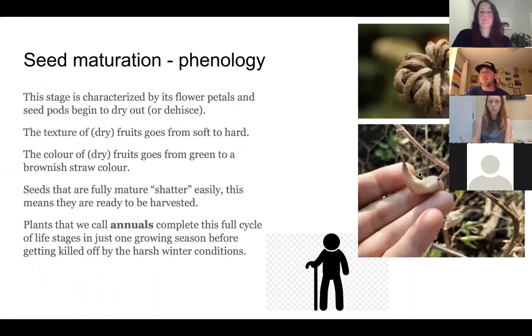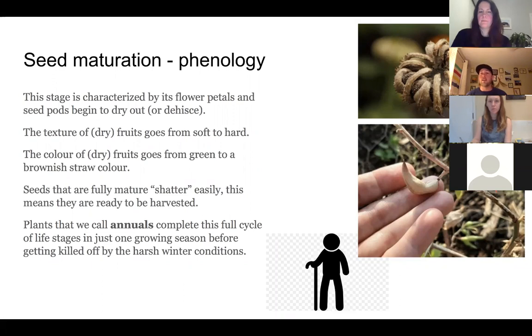That pod is now this dried out, straw brownish color. At the early stage of fruiting, the seeds are just starting to gain the energy they're gathering from their parents, whereas at the later stages of seed maturation, or what I call senescence, those seeds are drying out and becoming harder, and they've absorbed all the energy they possibly can from their parents.